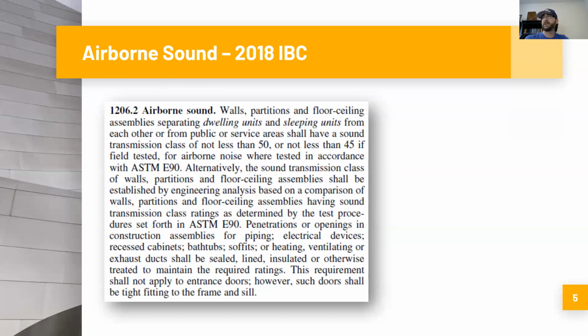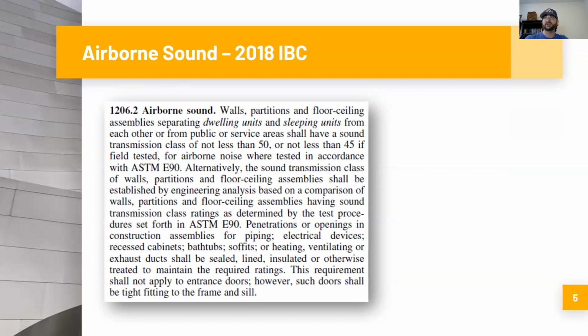If you're qualified and you can do the analysis, or if you can hire somebody to do the analysis for you, as long as you ultimately comply with the 50 lab or 45 field tested, following the same ASTM standard, then that's okay.